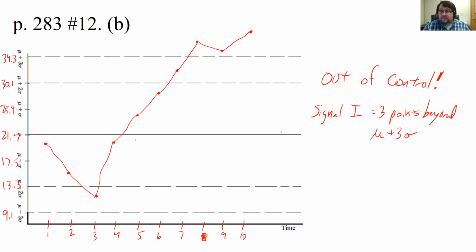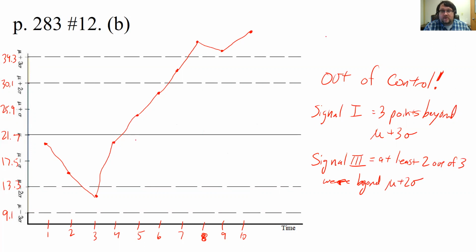And then, this said every signal that comes into play. We also had signal 3. Well, actually, let me count. 1, 2, 3, 4, 5, 6. Yeah. So we also had signal 3, and that was at least 2 out of 3 were beyond the mean plus 2 standard deviations.